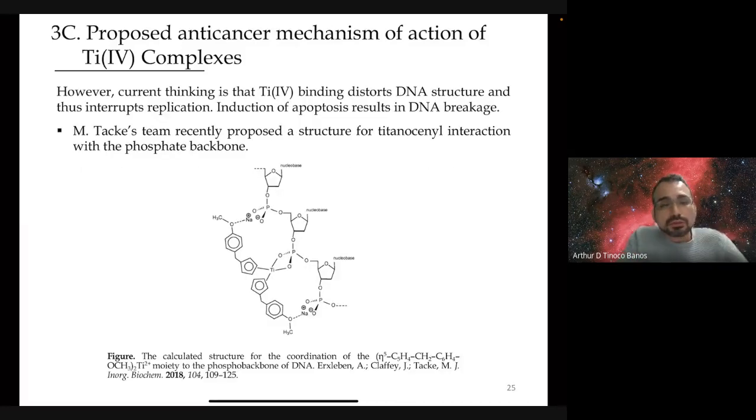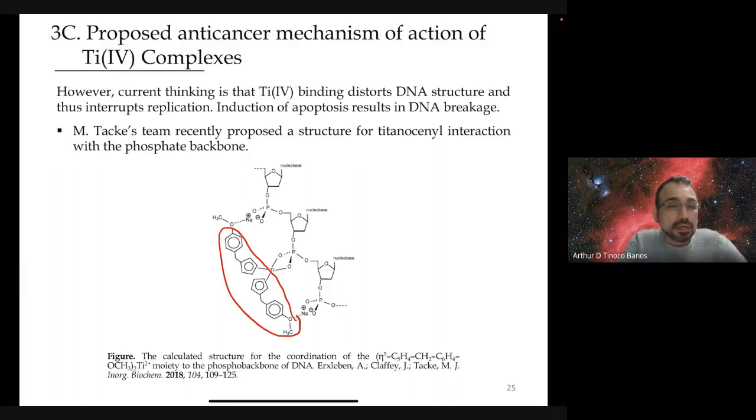Now, there are others who suggest that, especially if you're working with second generation titanocene compounds, there may be an alternative mechanism in terms of the titanium effect on DNA. And that is by enhancing the stability of the Cp rings, so the cyclopentadienyl rings, with the use of substituents that can help to stabilize the coordination of that metal.